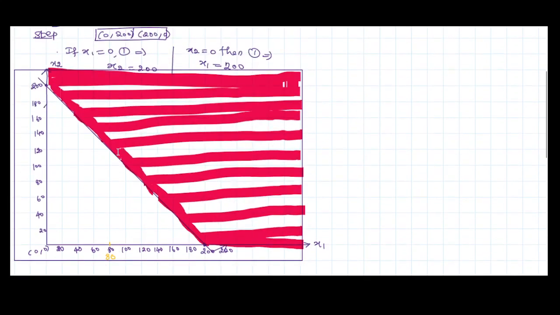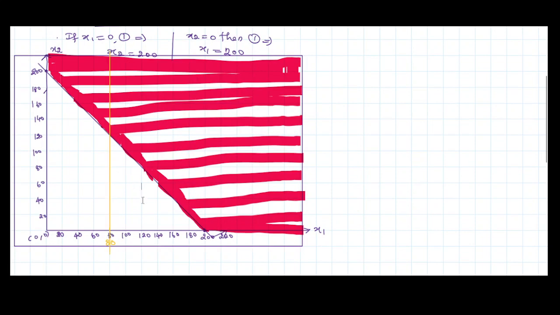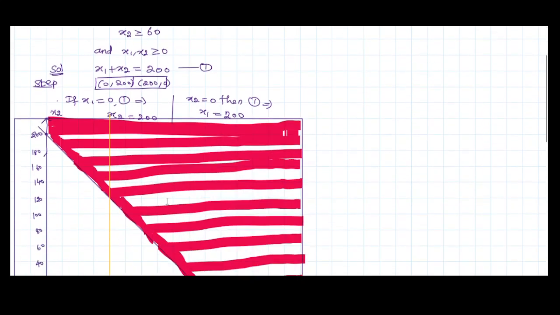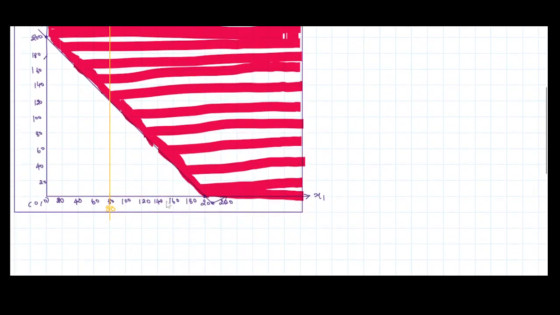We need to draw the line passing through here. Since it is given as less than or equal to, we need to cover the region to the left of the line. This is equation number 2.